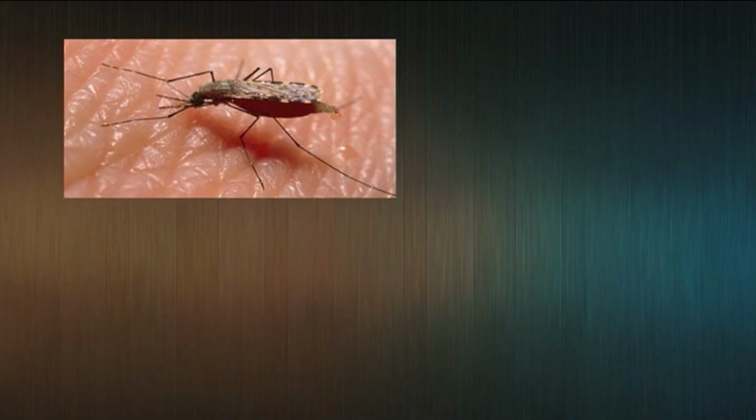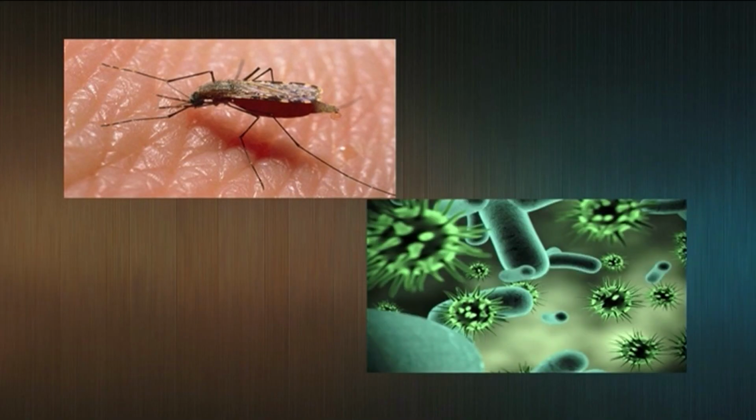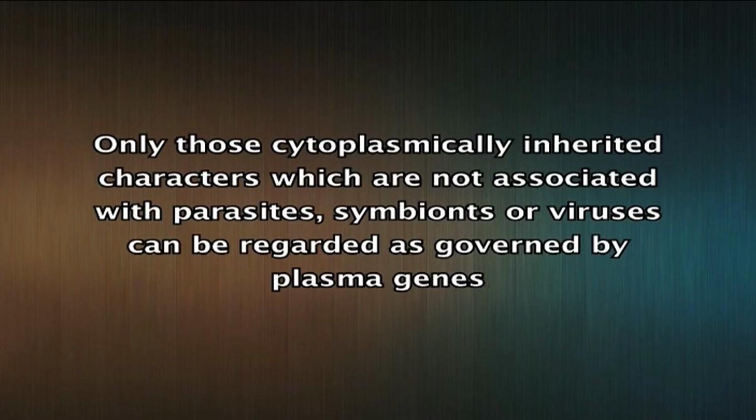In many cases, a cytoplasmically inherited character is associated with a parasite, symbiont or virus present in the cytoplasm of the organism. Such cases cannot be regarded as cases of cytoplasmic inheritance. Only those cytoplasmically inherited characters which are not associated with parasites, symbionts or viruses can be regarded as governed by plasma genes.